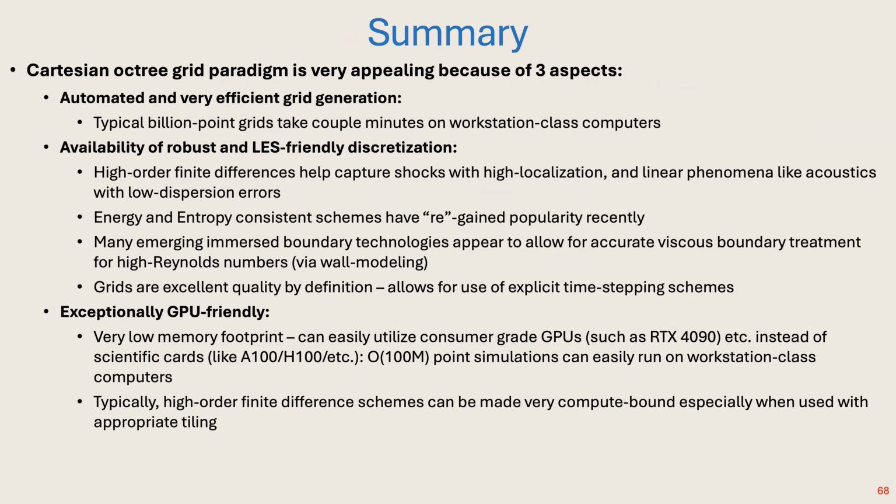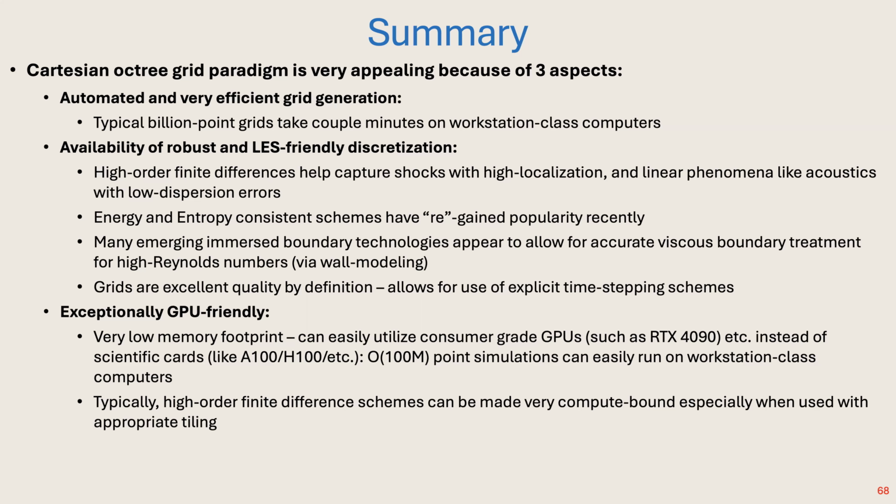One is automated and very efficient grid generation. The second is LES-friendly discretization: higher-order finite difference and energy-entropy consistent schemes have become popular. Many immersed boundary methods are being seen, and everyone has a different way of tackling this problem, but it's becoming popular.